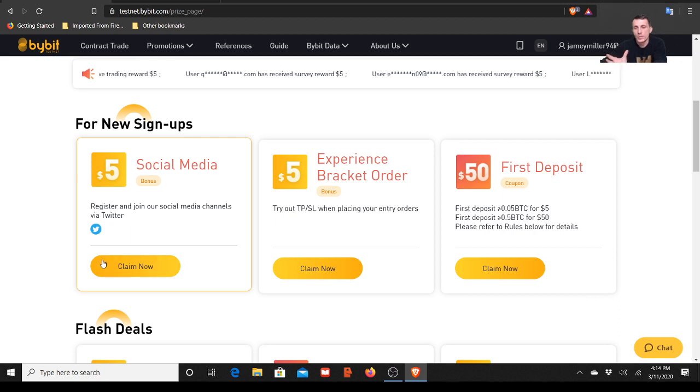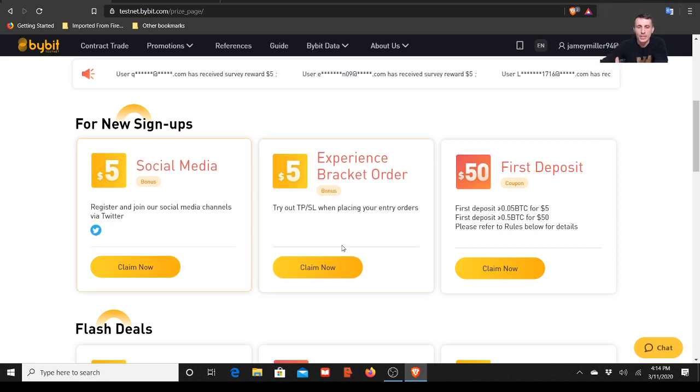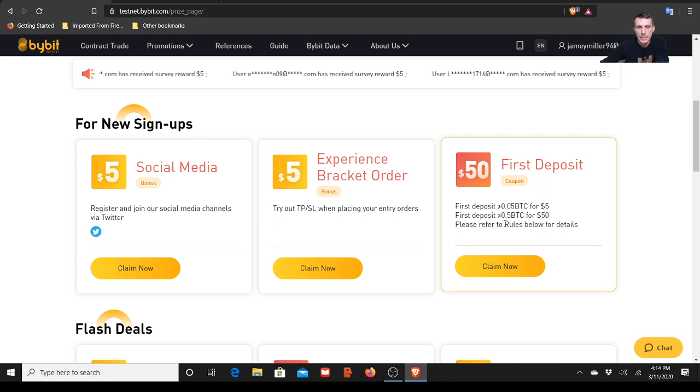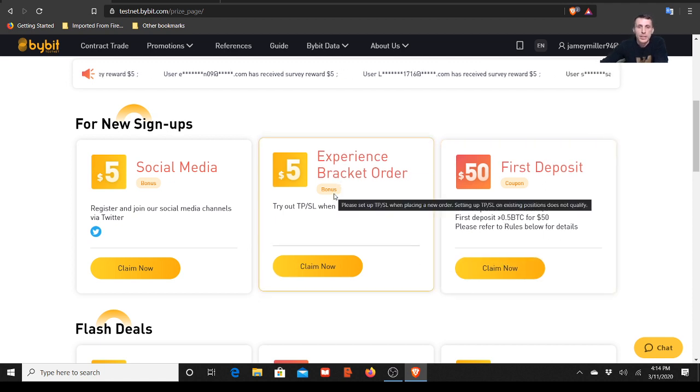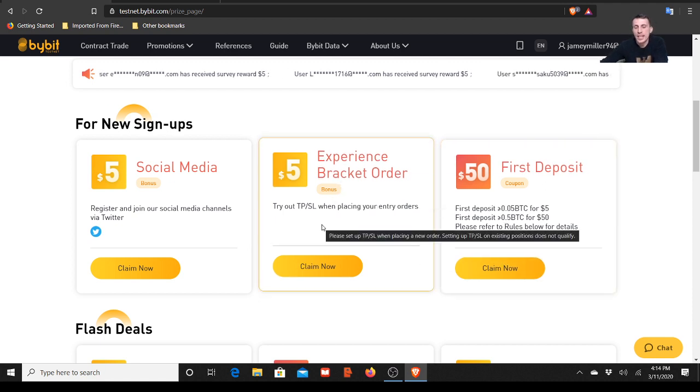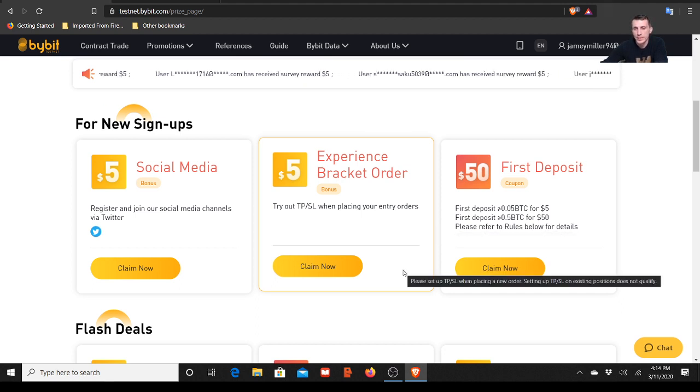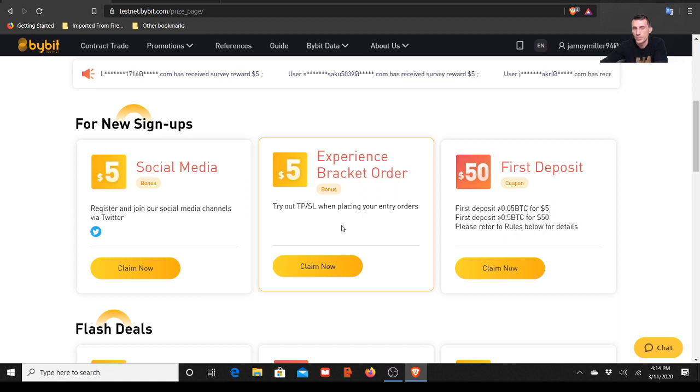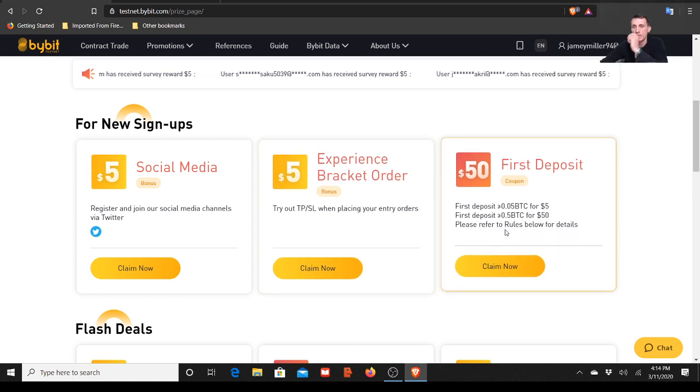Now you can't withdraw any of these. You can only use them for trading fees. Experience bracket order. If you are putting a take profit and a stop loss in the same trade and one of them executes, then you'll be able to claim this $5. For first deposit of 0.05 Bitcoin, you're going to get $5.